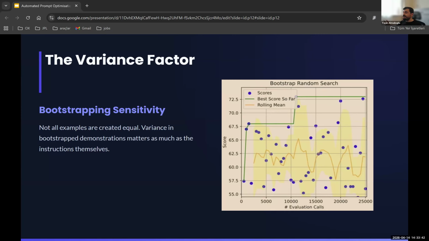Even if you use the instructions the same, no change in the instructions, exactly the same, however you just change your few shot examples, and then you see a lot of variation. Why this is important is because this chart shows us we need an automated selection.